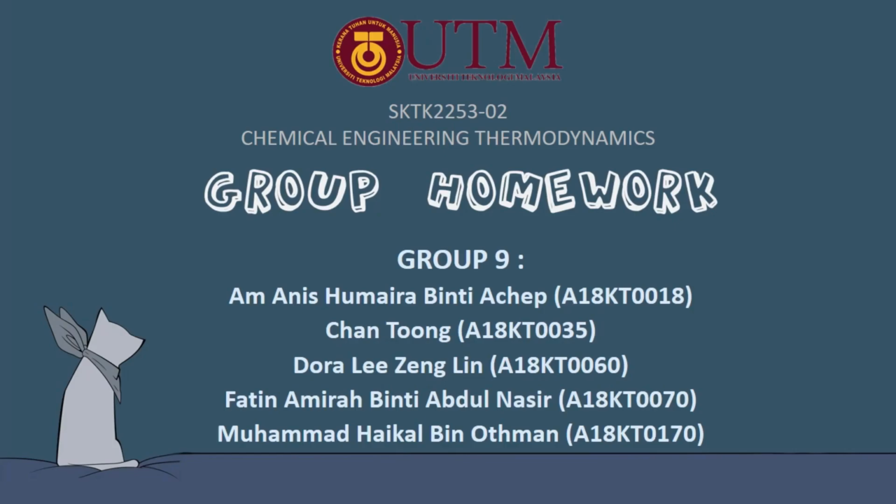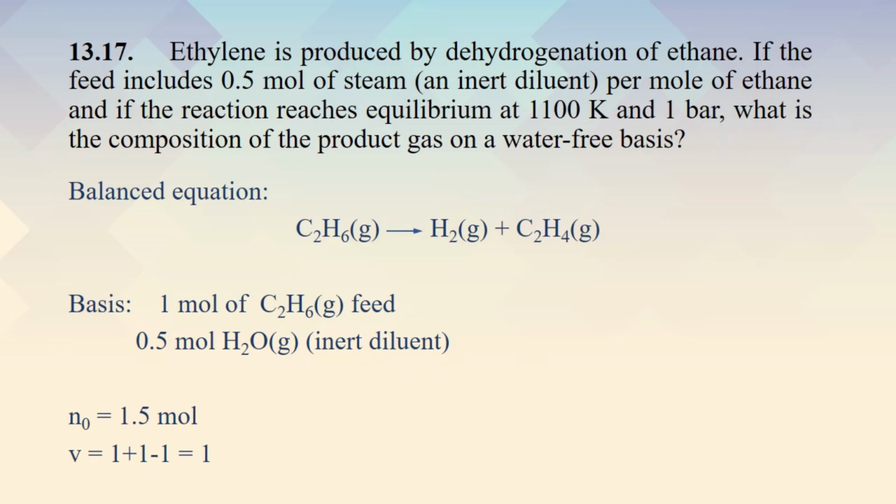We are from group 9 and today we are going to present the solutions for question 13.17. Ethylene is produced by dehydrogenation of ethane as shown in the balanced equation below. If the feed includes 0.5 mole of steam and inert diluents per mole of ethane, we set the basis 1 mole of ethane feed and 0.5 mole of steam.